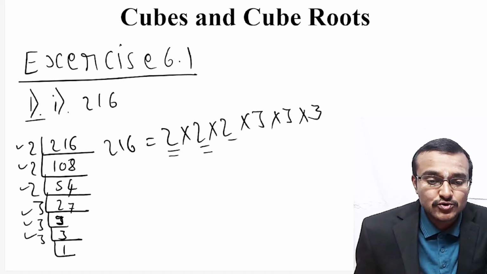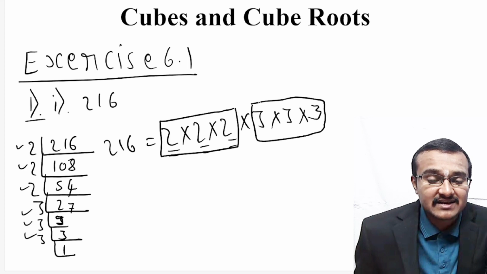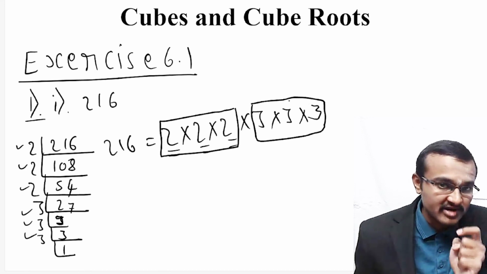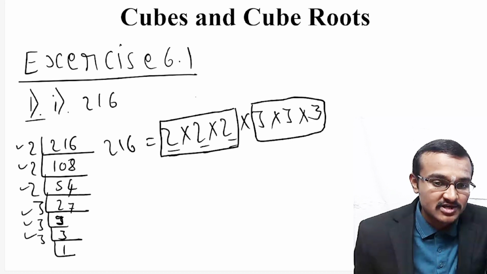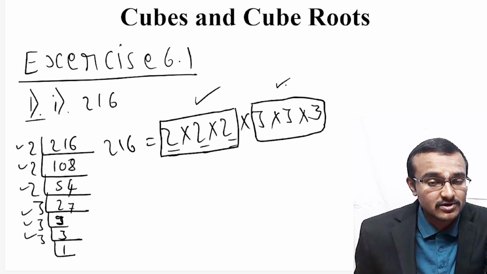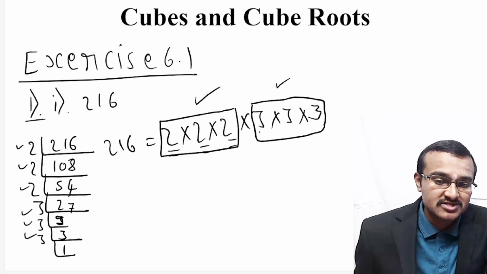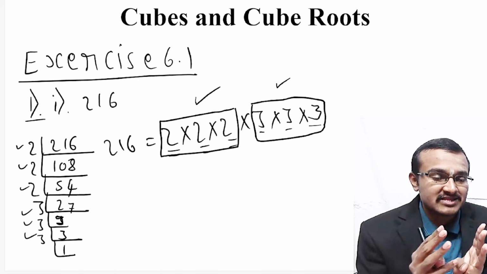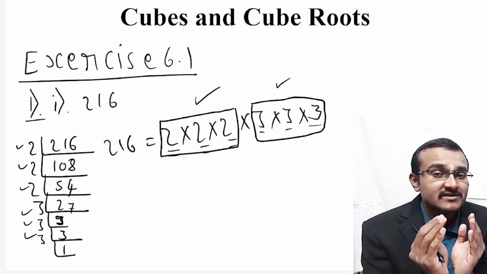So all these three 2's can be one group, and all these three 3's can be another group. You can clearly see there is no number left alone which is not included in a group. These 2's have grouped with each other, and these 3's have grouped with each other, because the same number should be there 3 times to form a group.